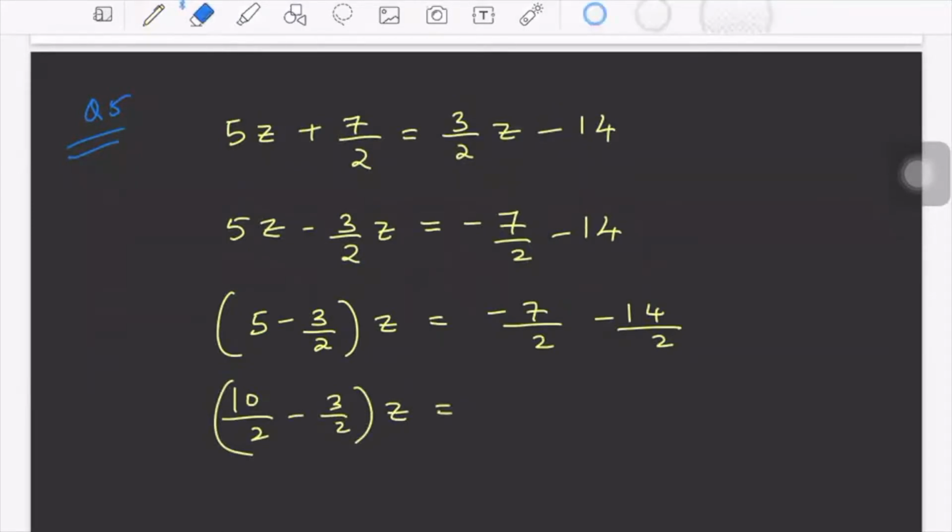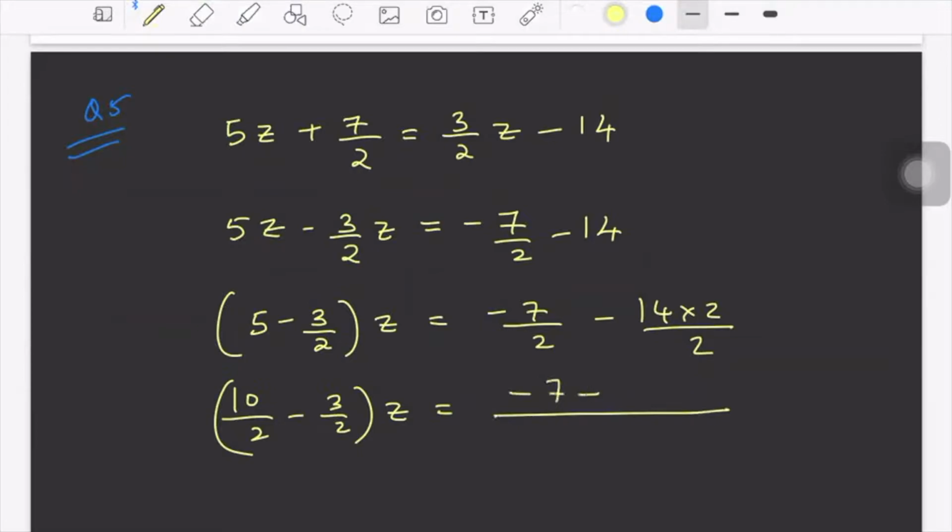I'm sorry, here it's not 14 by 2, it's 14 into 2 divided by 2. So this is going to be minus 7 minus 28 divided by 2. So this will be minus of 7 plus 28 whole divided by 2. So this is minus 35 divided by 2.